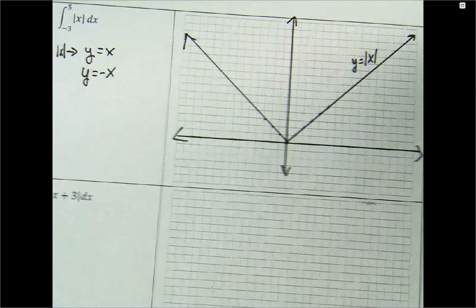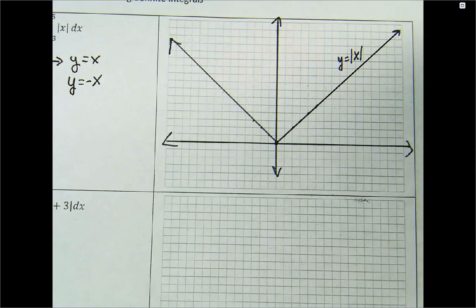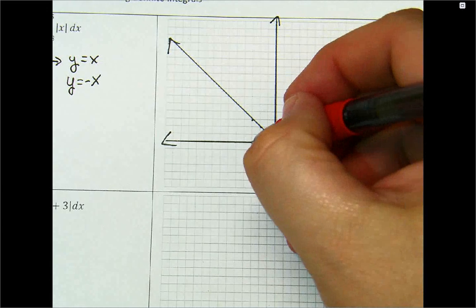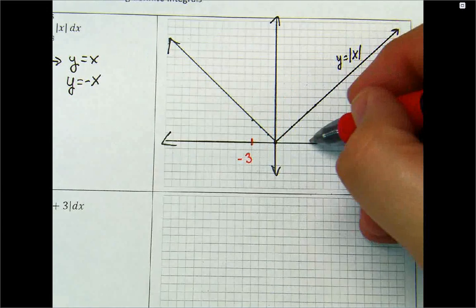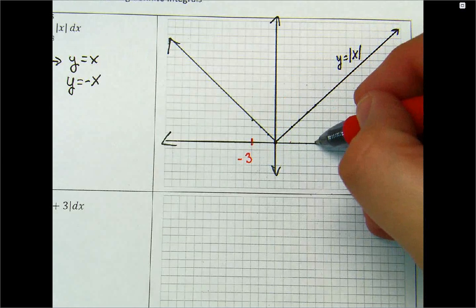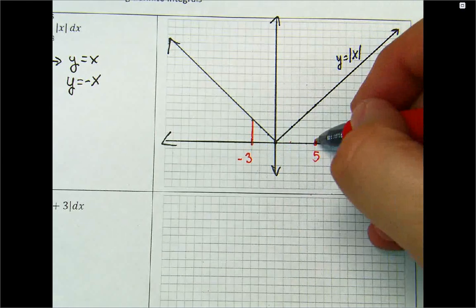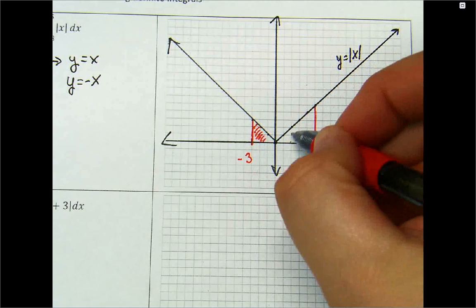Now, what's my lower limit? What's my upper limit? All right, so I'm going from negative 3 to 5. And so I want the areas here and here.